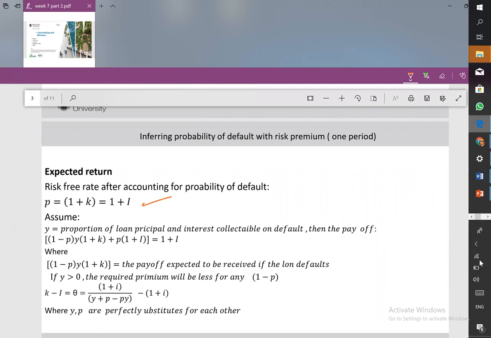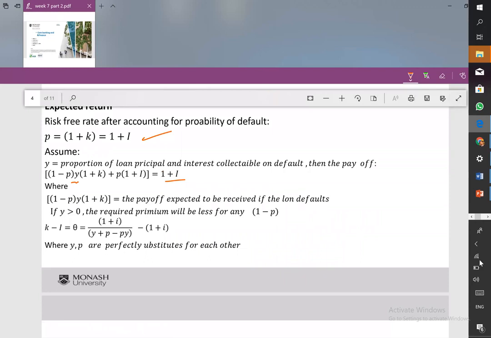Now, when we bring the collateral, the probability of defaulting times the payoff, plus the probability of payment, should equal 1 plus I. So if the collateral is more than 0, which it should be, then the required premium, for any 1 minus B, which is the defaulting, should equal this amount, which is just the formula I showed you.